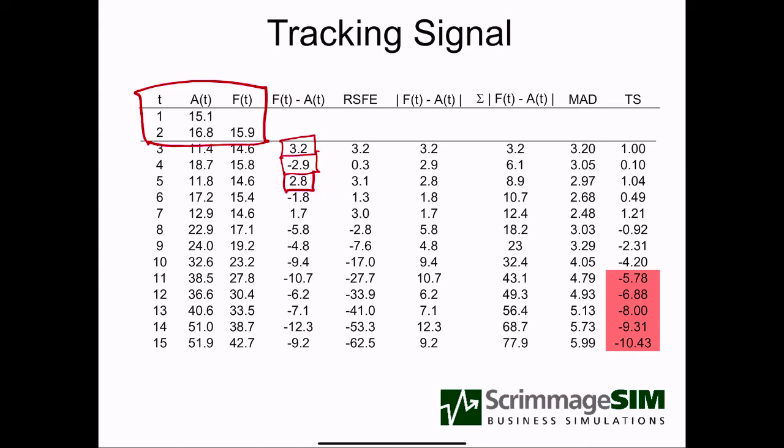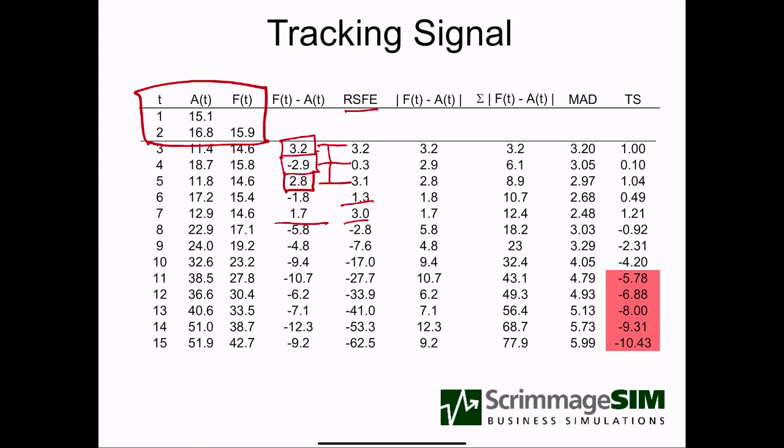The running sum of forecast errors is just totaling this column up. So we just take 3.2, that's our value here. We take 3.2 plus -2.9, add those together, and the result is 0.3. We add all 3 of these together and get 3.1. So 3.2 minus 2.9 plus 2.8 gives us 3.1.